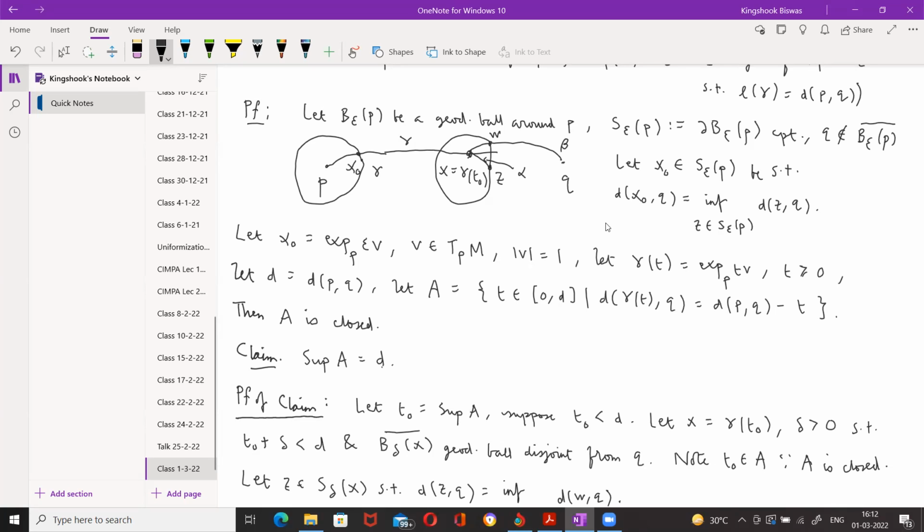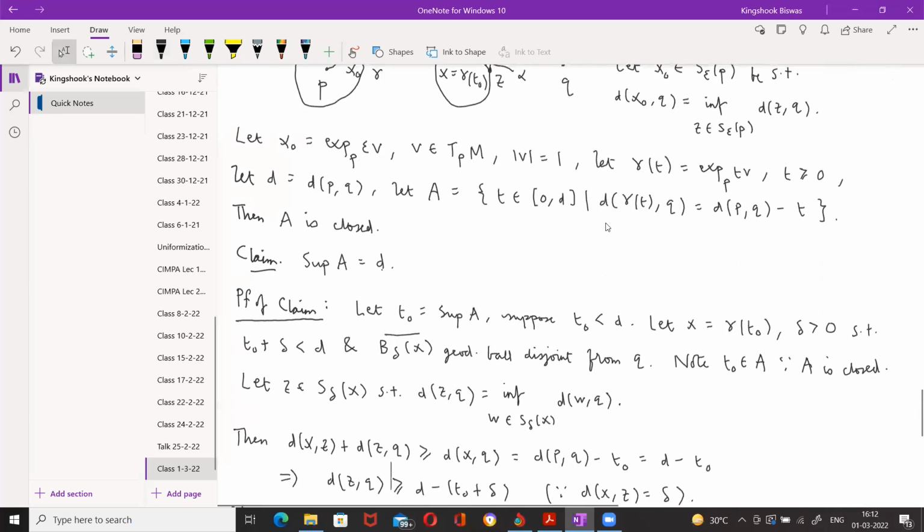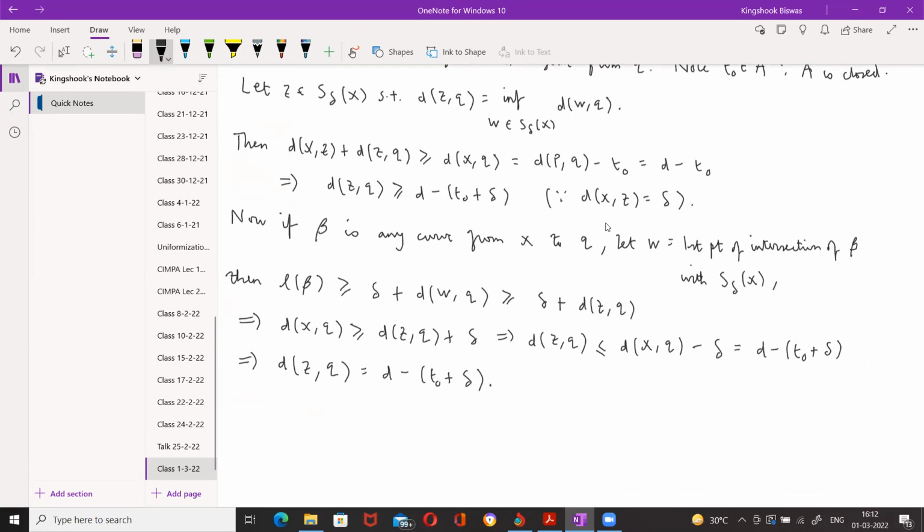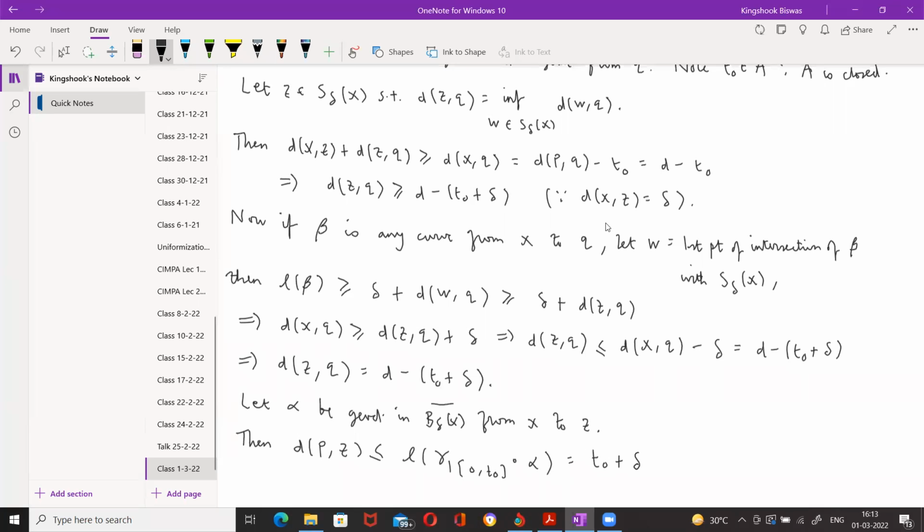But on the other hand, now let alpha be the geodesic in B delta X closure from X to Z. Then the distance PZ is less than or equal to the length of gamma restricted to the interval 0 T naught concatenated with alpha, which is equal to T naught plus delta, right?